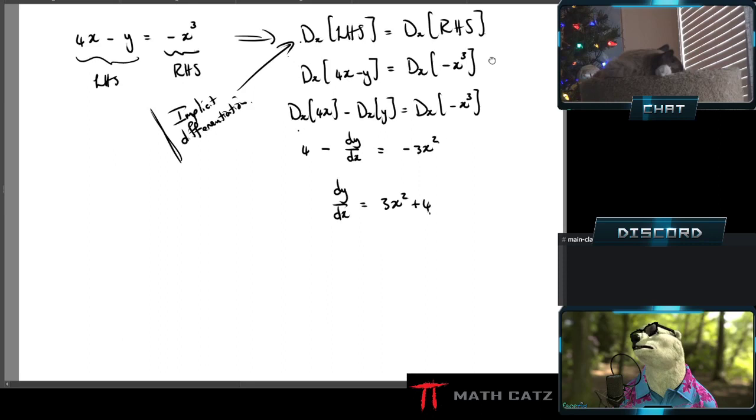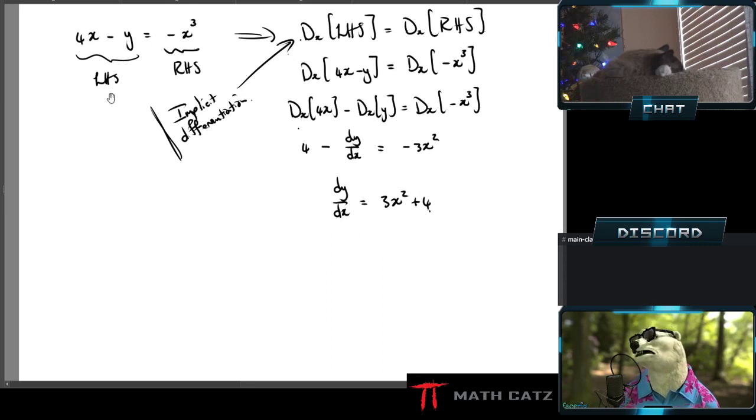Or do I start with something that's a little more hidden? I could solve for y, but we'll soon see that we can't always solve for y. But we can always do implicit differentiation. Okay, so this is part of something bigger than functions that we're trying to get to.